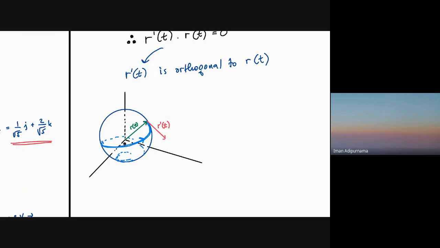Which means at every point on this sphere, the vector function is always orthogonal to its tangent vector, right? At every point. If you imagine rotating, it will be orthogonal at every point. So, the tangent vector.